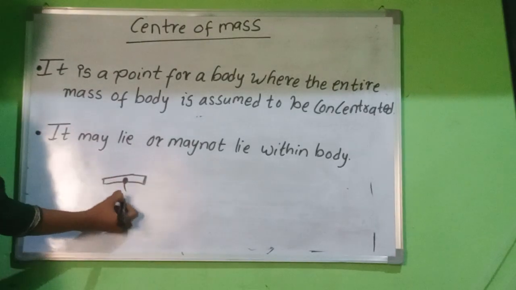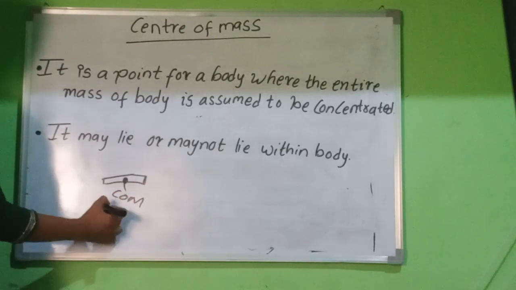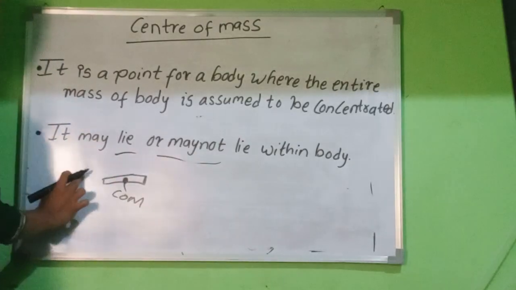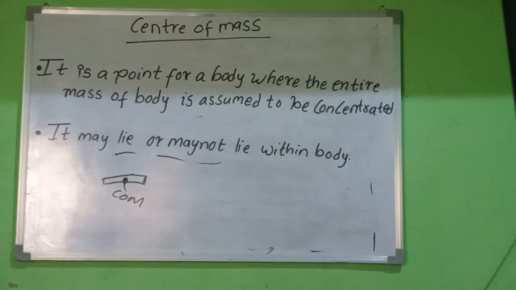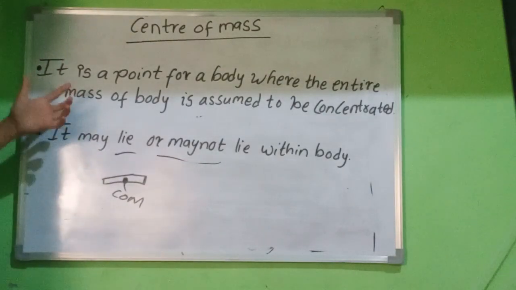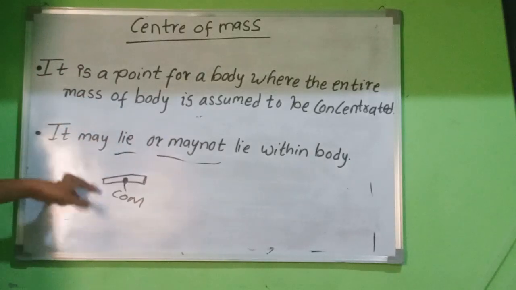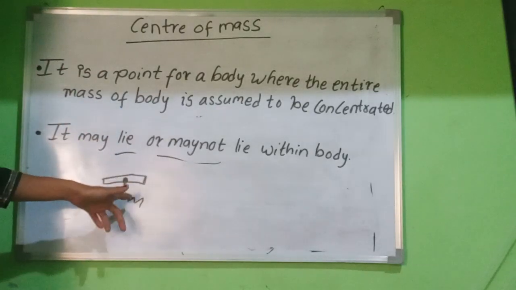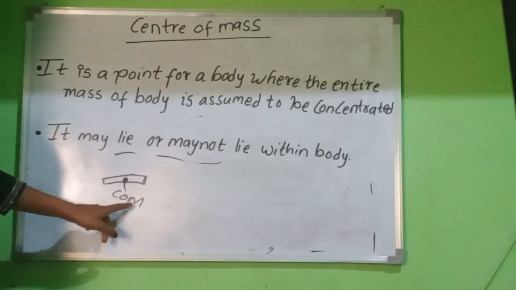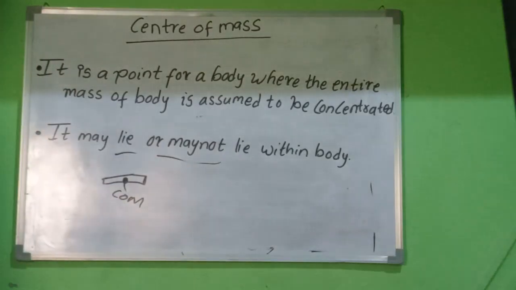That point is called COM. It may or may not lie within the body. We assume that all the mass of the body is concentrated here. That is the center of mass, COM.